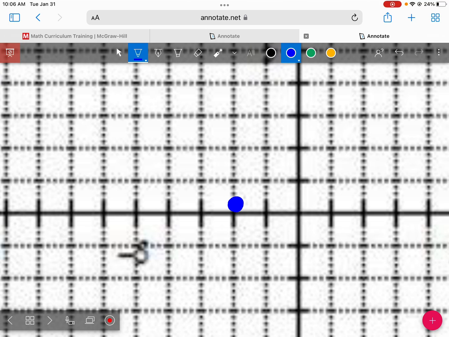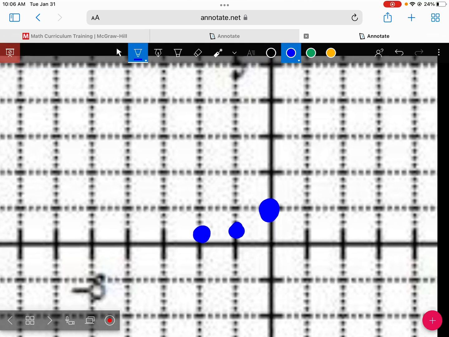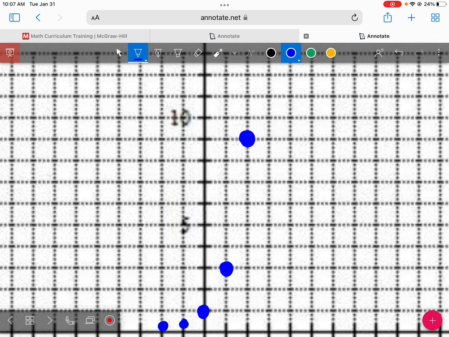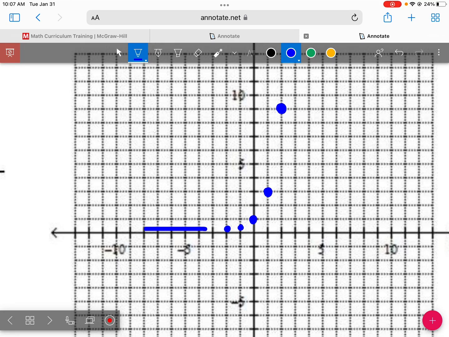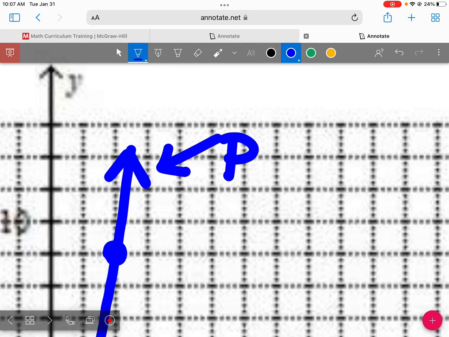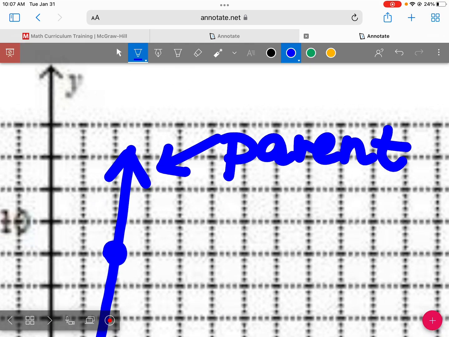So like I said, I know I'm playing catch up with where you guys are. So here's our parent function. And I believe we had started talking about a, h, and k. Is that correct? Yes? No?